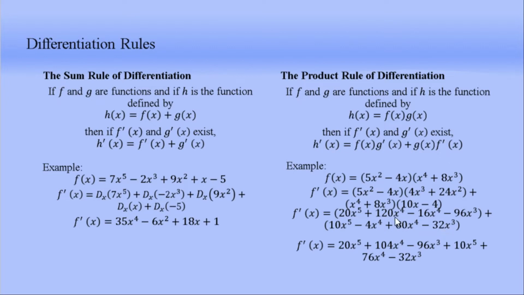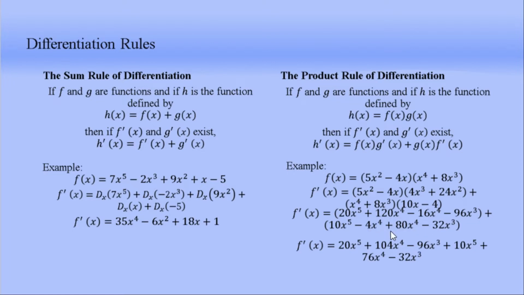So we're going to subtract 16 from 120, and that is going to be 104x raised to the fourth power. I'm sorry for the misunderstanding. So again, we are going to subtract the like term of x raised to the fourth power. So that is going to be 104x raised to the fourth power.